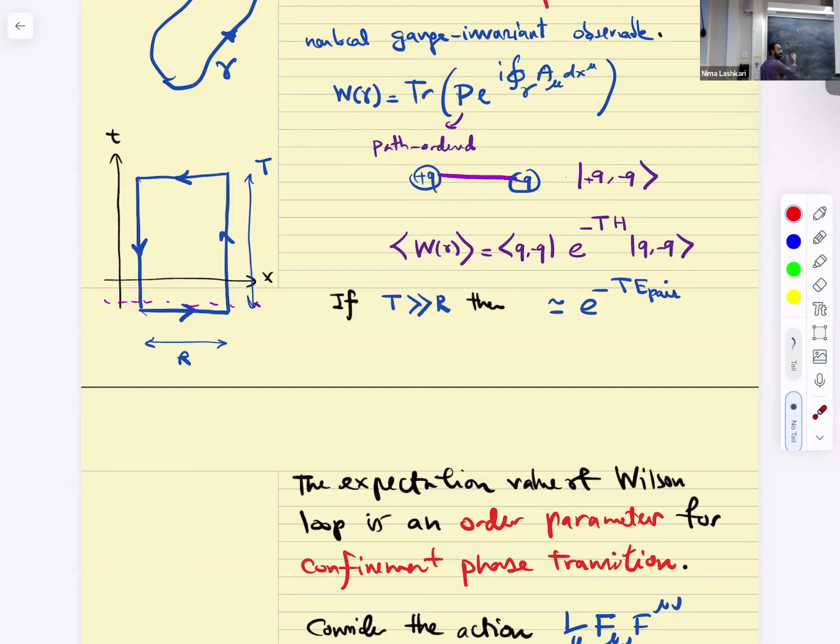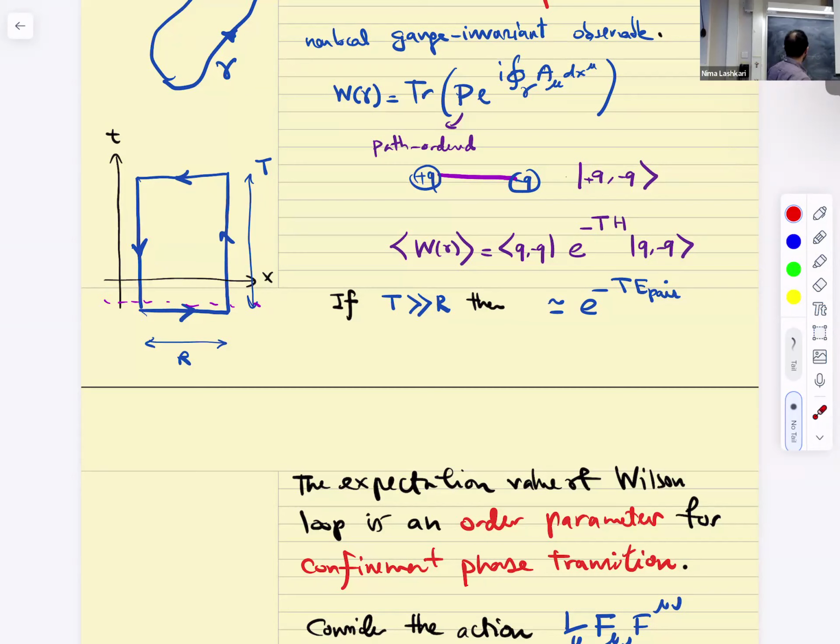So one over R, yeah, exactly. Alpha over R. And in that picture, it's clear that you could separate them to infinity, and that requires finite energy. So this is the behavior that you expect when the theory has free, finite energy charges.